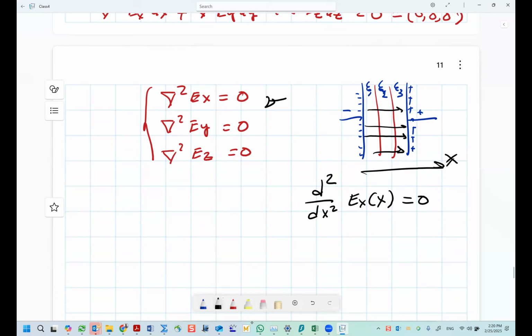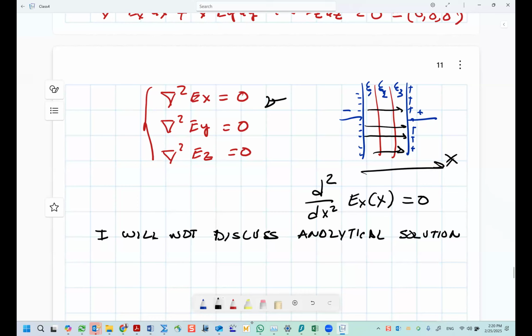Okay, but let's see, there are analytical solutions. I will not discuss analytical solutions. There are some very nice analytical solutions in 2D, in 3D, maybe beautiful analytical solutions that take hours to derive, and in the end, well, they are good.